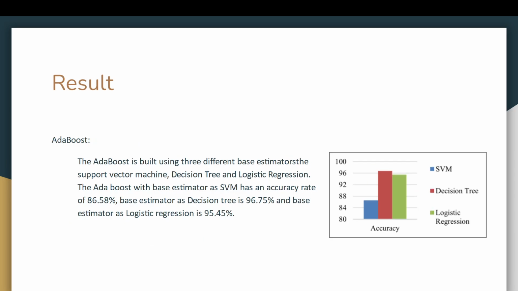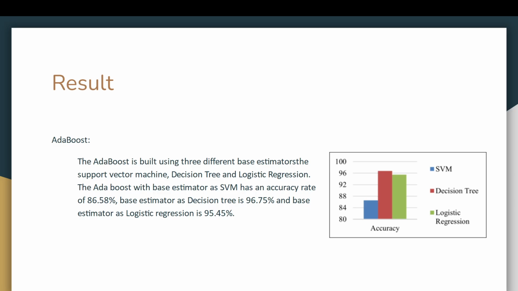AdaBoost is built using 3 different base estimators: the support vector machine, decision tree, and logistic regression. The AdaBoost with base estimator as SVM has an accuracy rate of 86.5%.